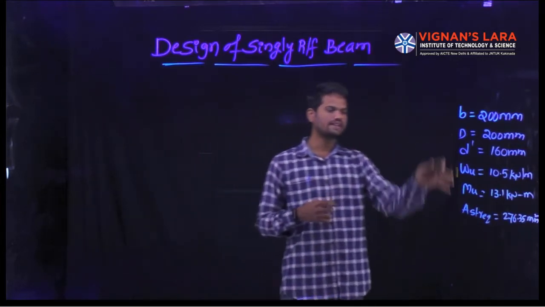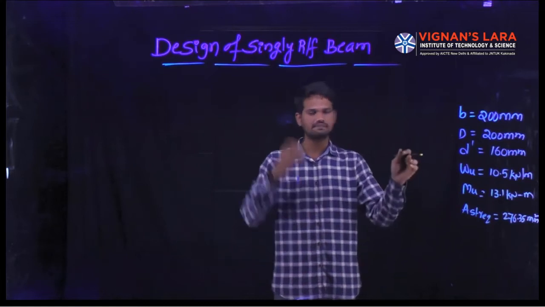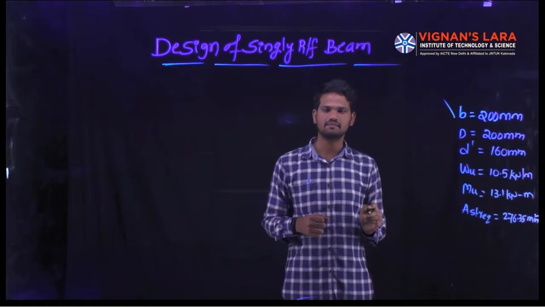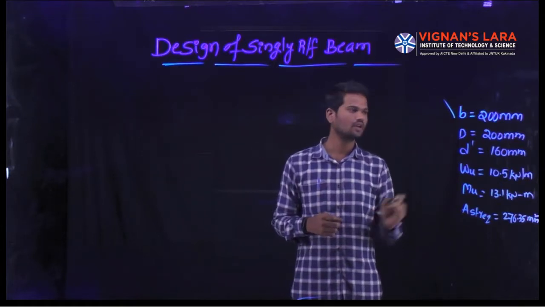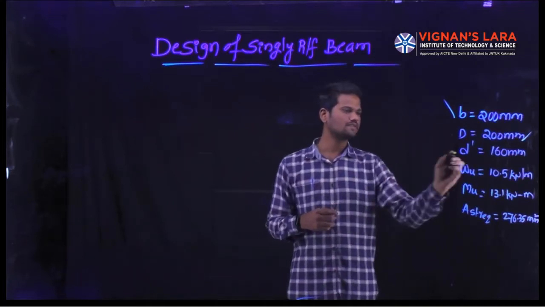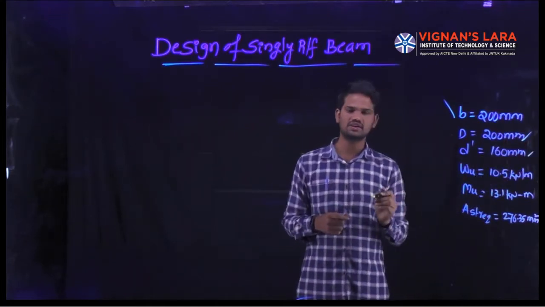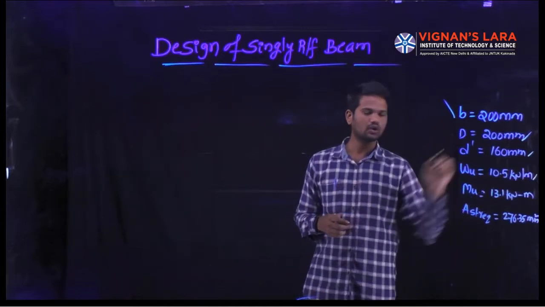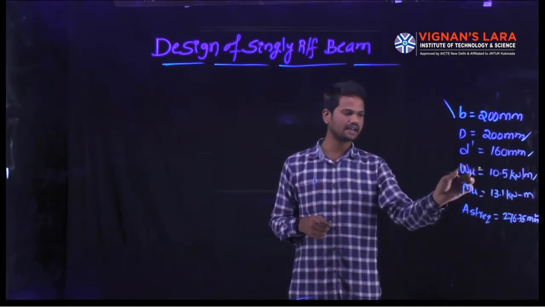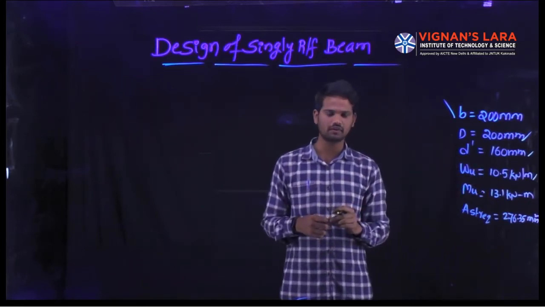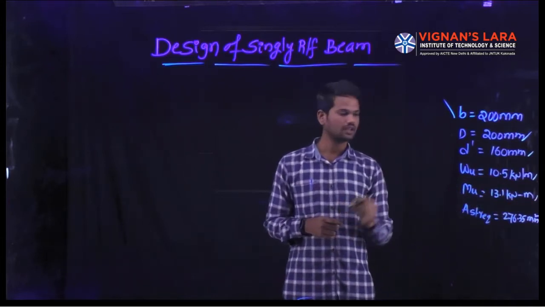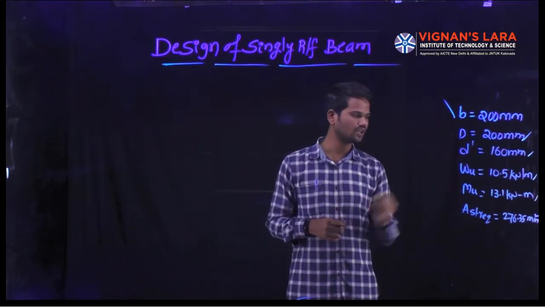The major things we discussed in our previous class: we considered the width of the section B equal to 200 mm, the total depth of the beam D equal to 200 mm, and the effective depth of the beam equal to 160 mm. The total ultimate design load acting on the beam is W equal to 10.5 kilonewton per meter, and the ultimate moment acting on the beam is 13.1 kilonewton meter.